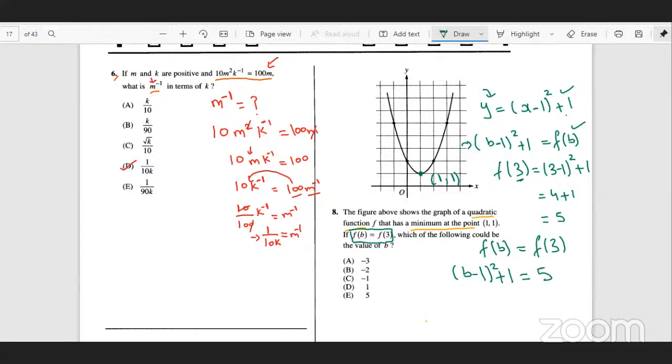So I'll open the square. I'm going to get b squared plus 1 minus 2b equals 4. I can take this one to that side.